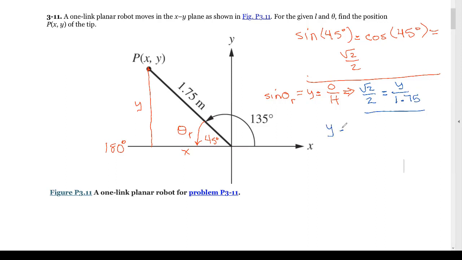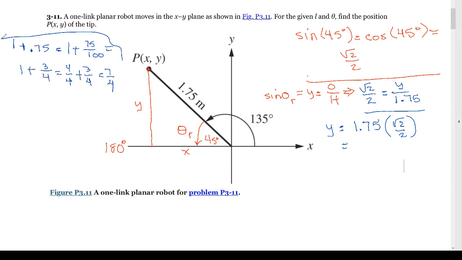Y is going to be equal to, and I'm just going to multiply both sides by 1.75, times the square root of 2 over 2. And 1.75 is the same as 1 3/4. 1 3/4 is the same as 7/4.